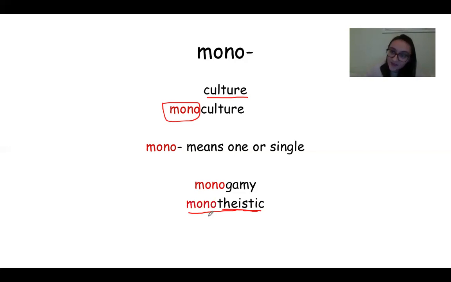So monotheistic means that you believe in one God or one higher power. Christians are monotheistic, right? If you're Catholic, you're monotheistic. I think if you're Muslim, it's monotheistic as well.